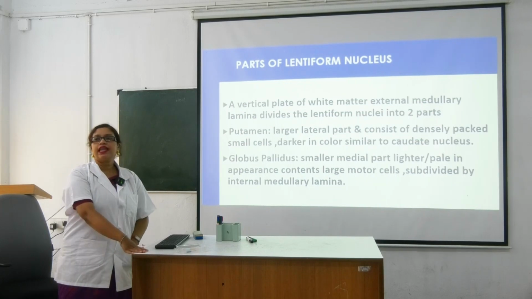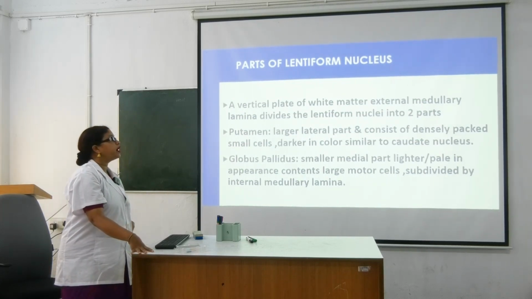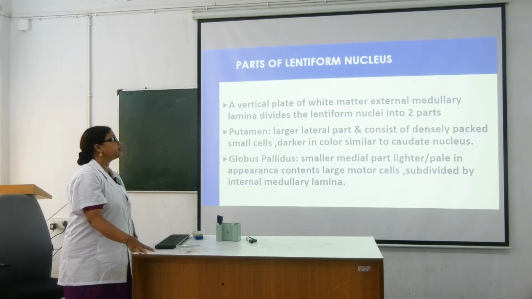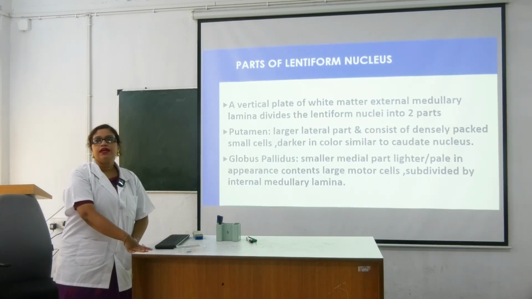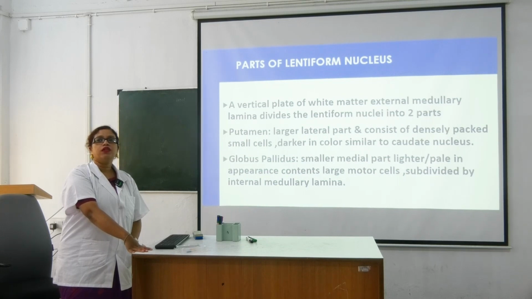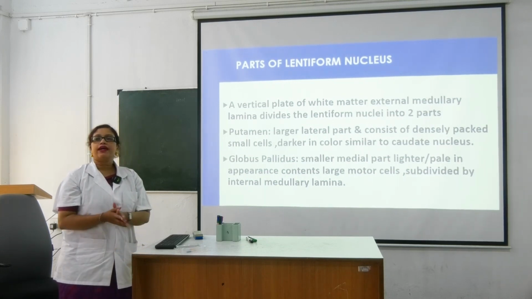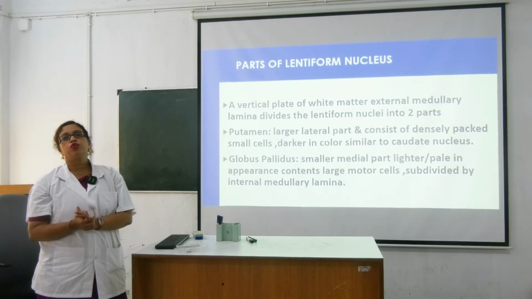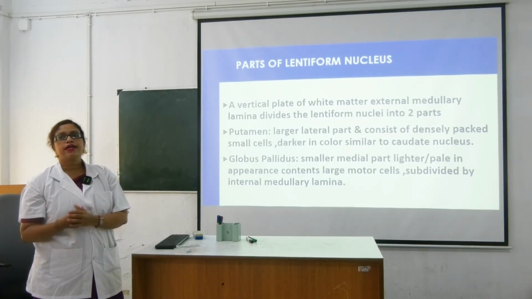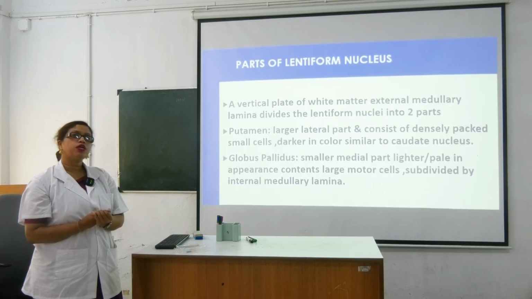Putamen is the larger lateral part and consists of densely packed small cells. The cells are very small, darker in color, and similar to the caudate nucleus.